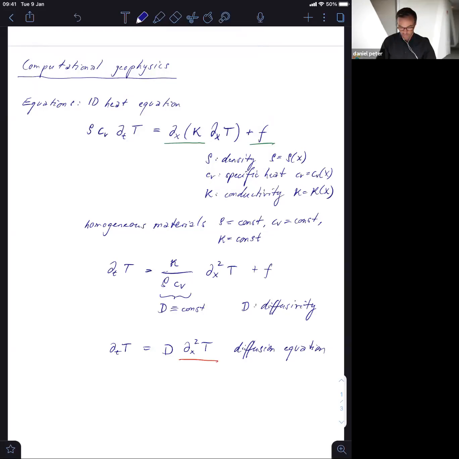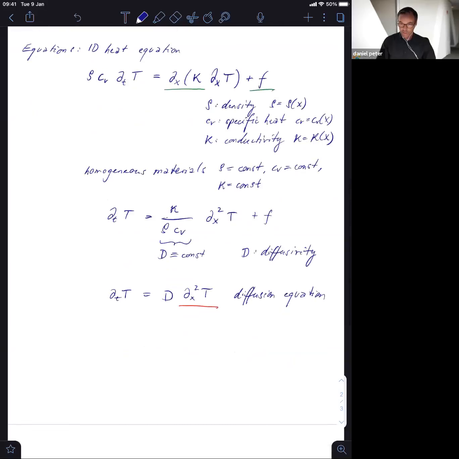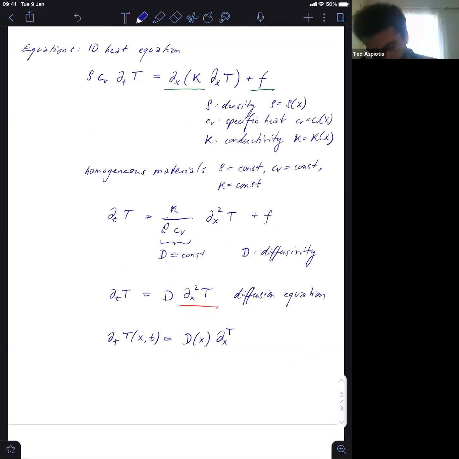You see, sometimes people use these kinds of equations also for heterogeneous material. Let's say they would use T, the temperature field, then the diffusivity is now a function of position times this diffusive term. And that's not quite the same as the heat equation.